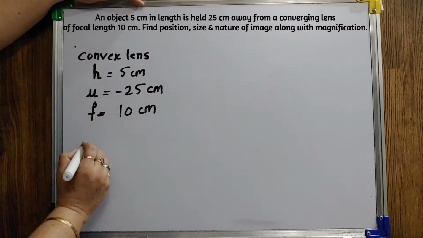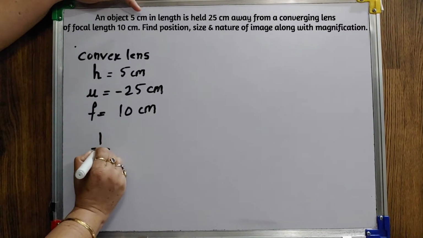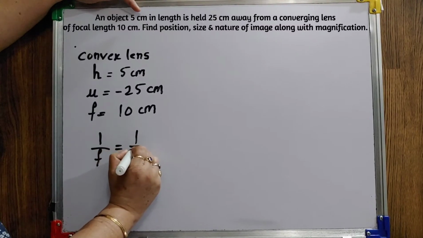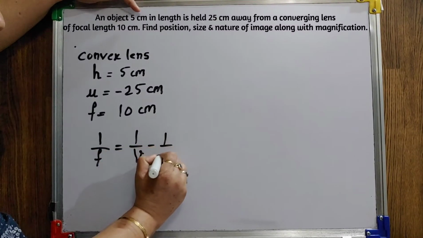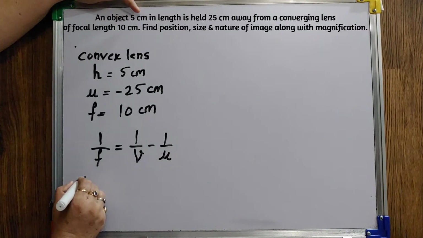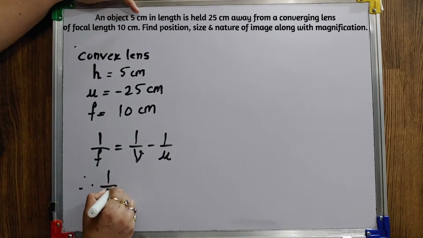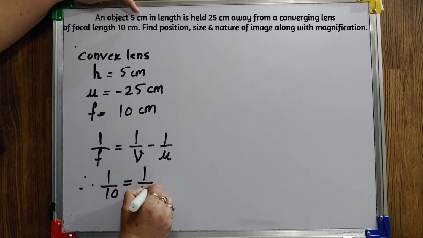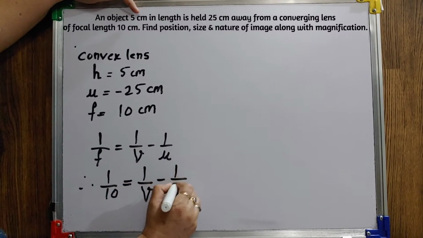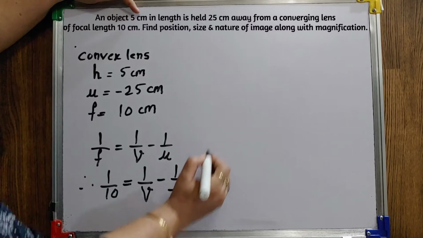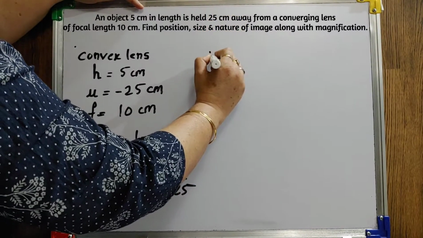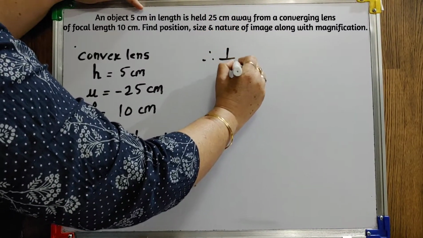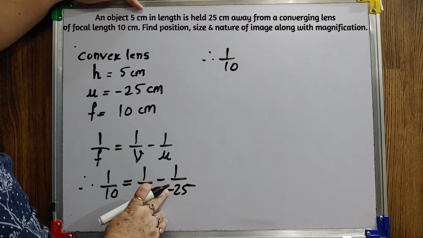Now you know the lens formula: 1 by f equals 1 by v minus 1 by u. Now 1 by 10 equals 1 by v minus 1 by minus 25. So it will be 1 by 10, this is minus minus plus, 1 by v plus 1 by 25.